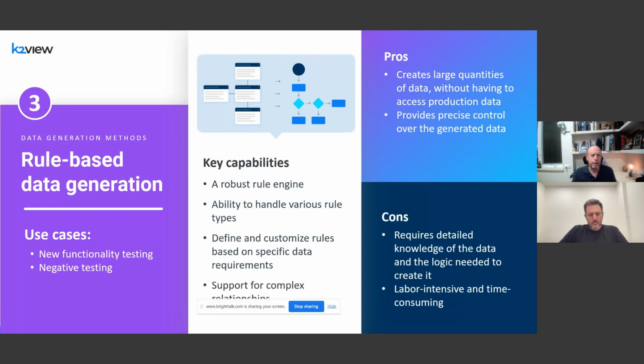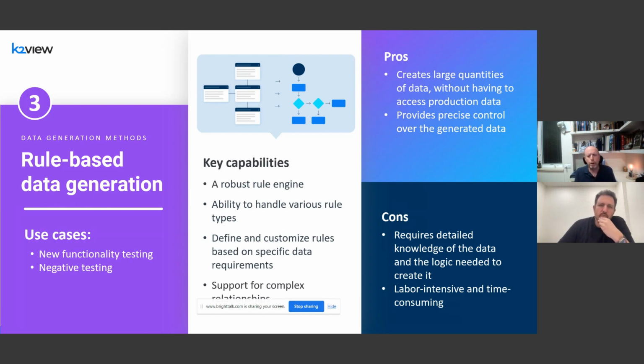And actually, this is potentially the only method that you can use if you don't have access to production data. Two very good examples that we mentioned earlier for software testing are when you need new functionality testing, where you don't have this testing data in your production data, and when you do negative testing.